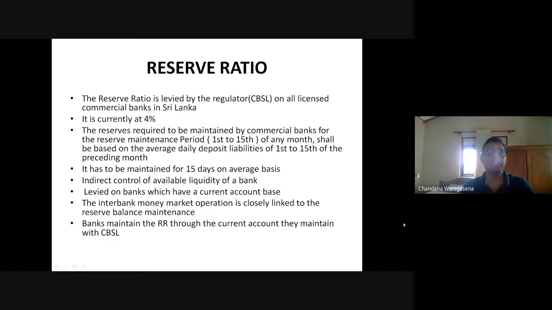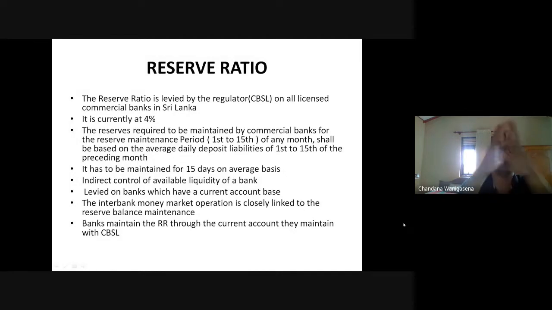Right. So we are now going into details of the reserve ratio. These are some of the policy rates. One of the key policy rates imposed by the central bank is the reserve ratio.